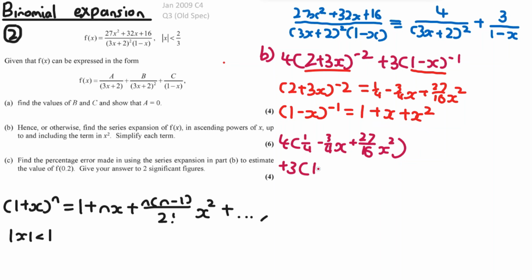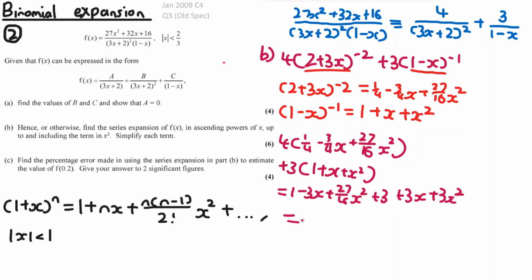So it's going to be 1 + x + x squared, and this is equal to, if you expand the brackets, 1 - 3x + 27/4 x squared + 3 + 3x + 3x squared.